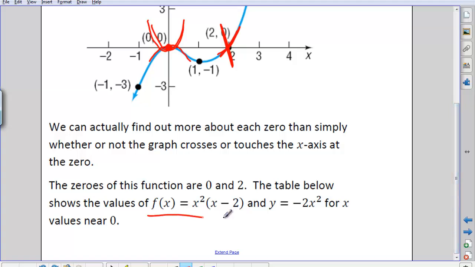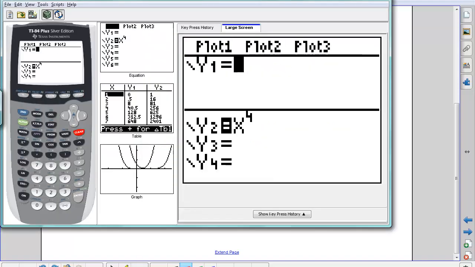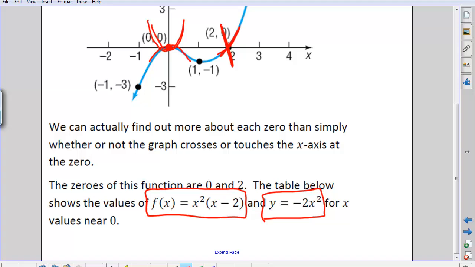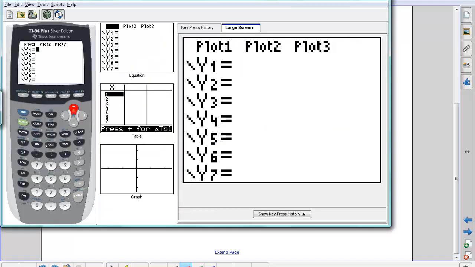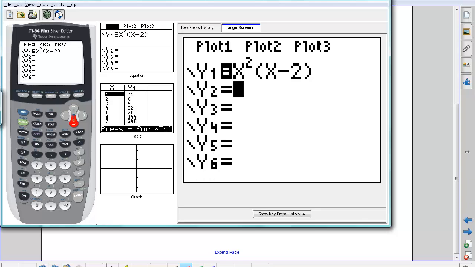So for example, if I take that function I just looked at, but then also take y equals negative 2x squared, and I graph those together, let me just do that real quick. So one was x squared times x minus 2. The other was negative 2x squared.